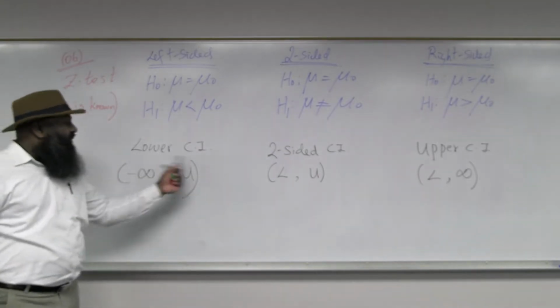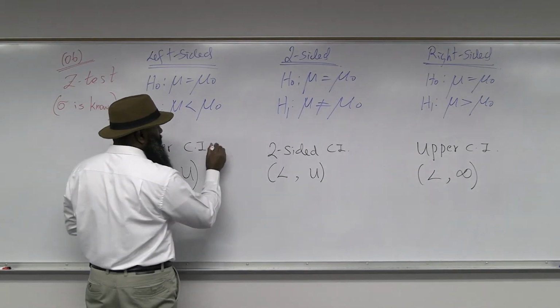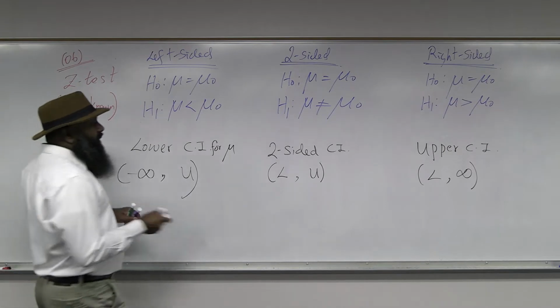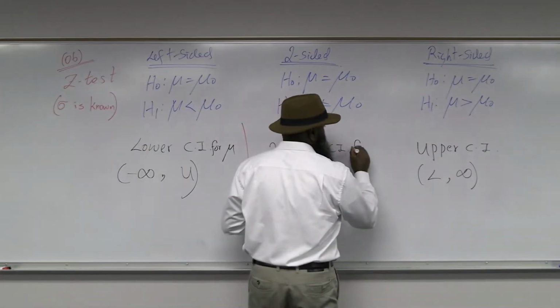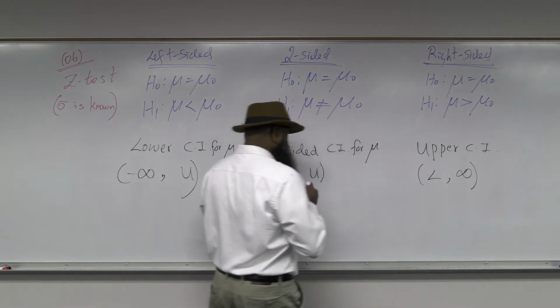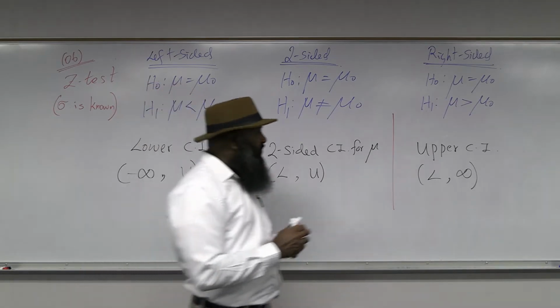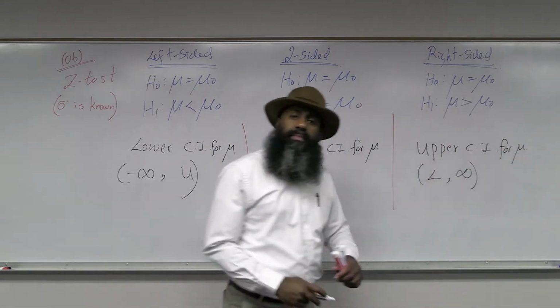So rather than just a lower confidence interval, I would say lower confidence interval for mu. And then for two-sided alternative, we do a two-sided confidence interval for mu. For right-sided alternative, we do upper confidence interval for mu.